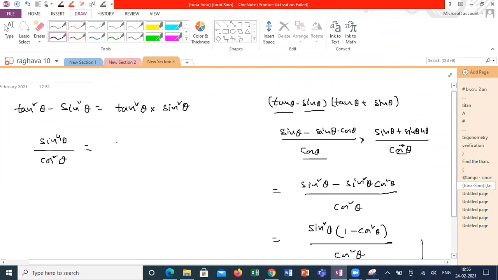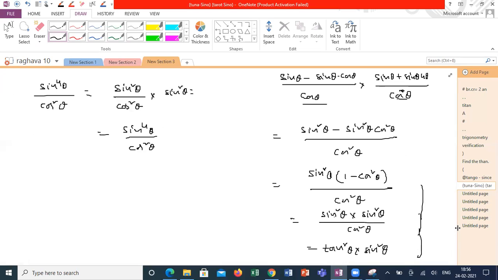And if I take the RHS also, sin square theta by cos square theta into sin square theta, that is nothing but sin power 4 theta divided by cos square theta. So like this also you can say. See here, the basic identity is the algebra formula a plus b into a minus b that you have to apply. That is the important thing. Got it?